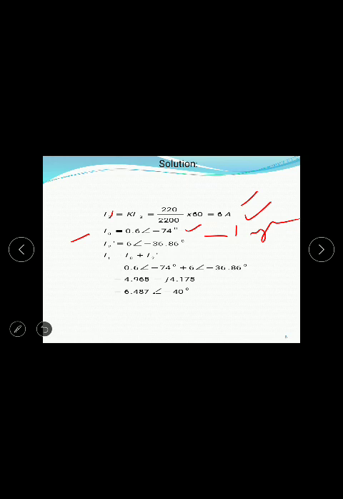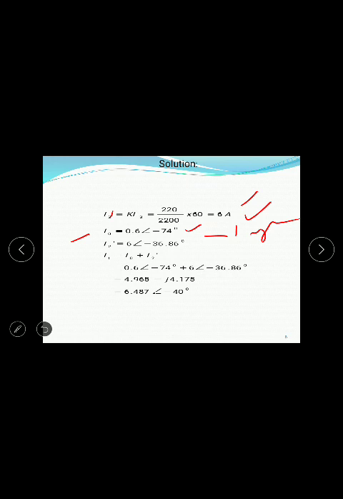Converting this polar form into rectangular form, we get 4.965 minus j 4.175, which is equal to 6.487 angle of minus 40 degrees.